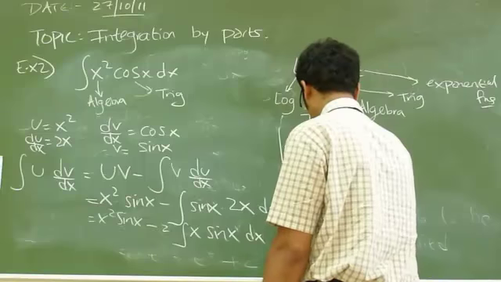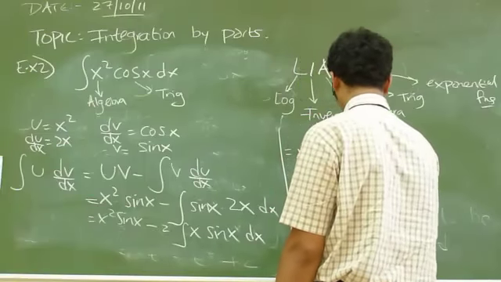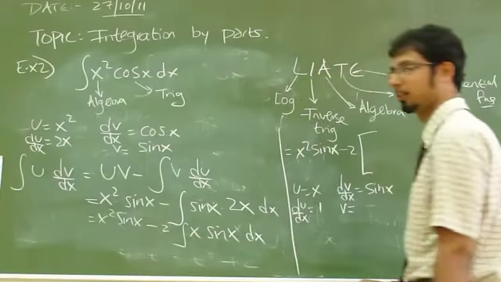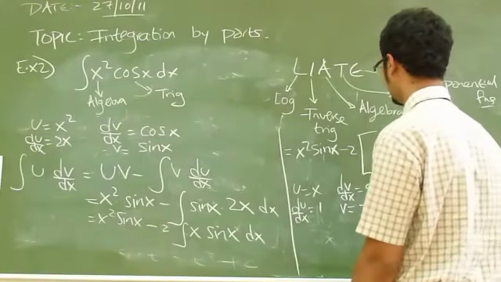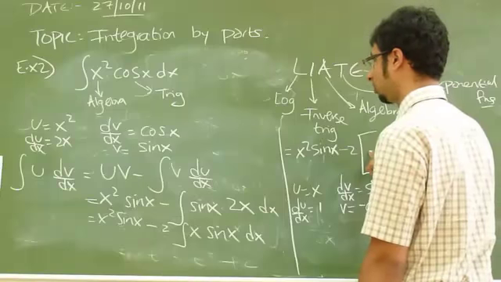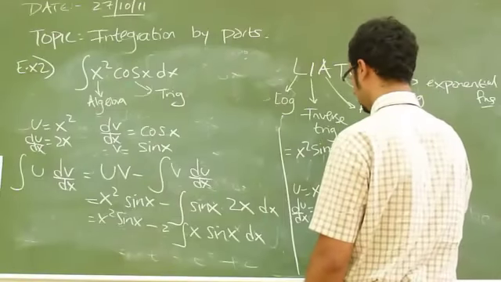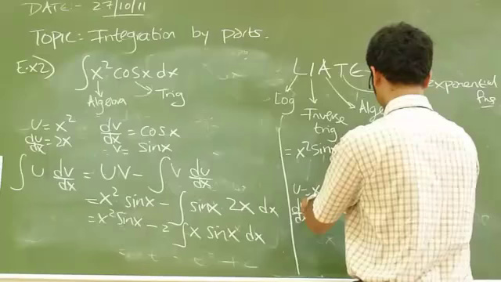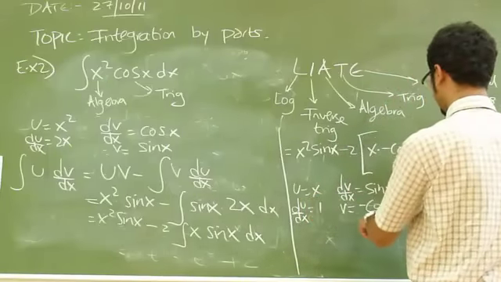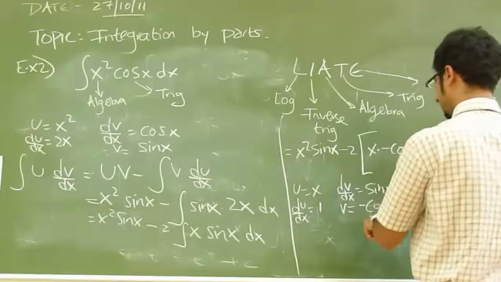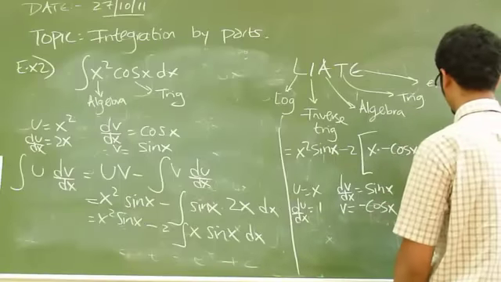So du/dx equals 1. v is the integration of sin x, which is negative cos x. So apply by parts here, uv: my u is x, my v is negative cos x. uv minus the integration of v du/dx, and du/dx is 1, so times 1 here.